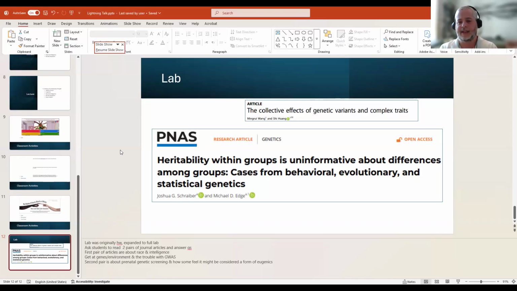And then we read a different paper which refutes the first paper, refutes the ideas that there might be any connection between race and intelligence.